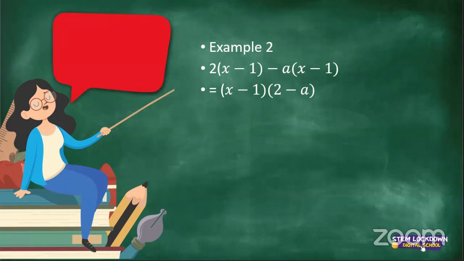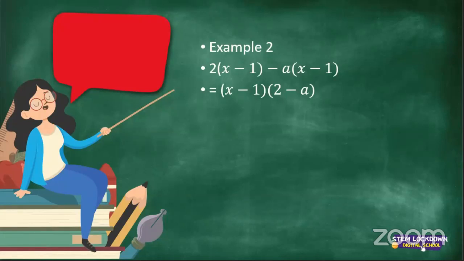And once you have taken out x minus 1, you will be left with 2, that is the same 2 there which we had, and then minus a. So in other words, your final answer there will be open bracket x minus 1, which is your common factor, and then you open your bracket, and then you'll be left with 2 minus a.